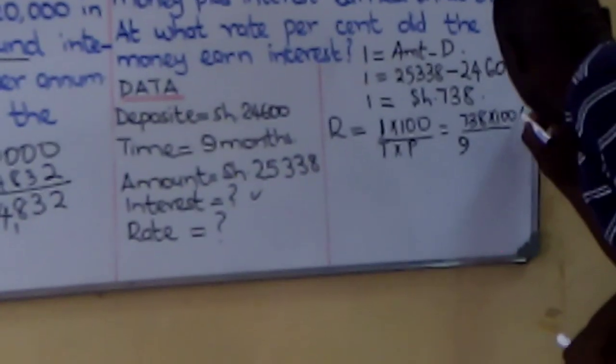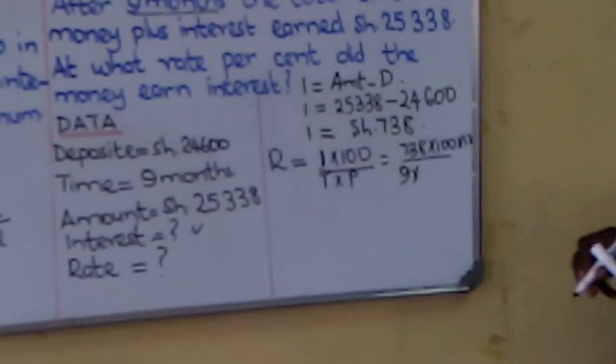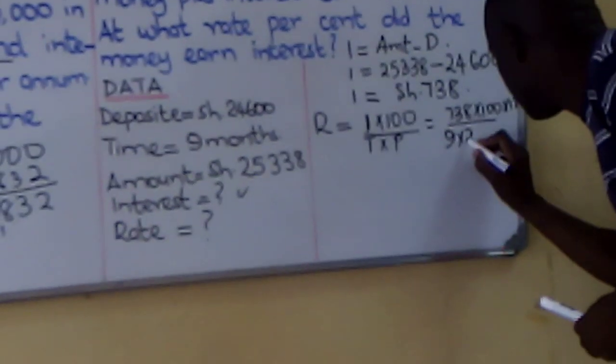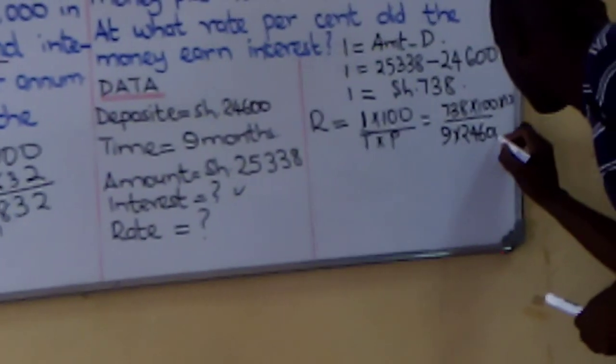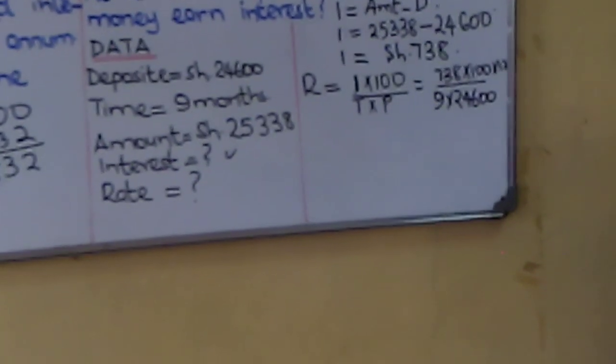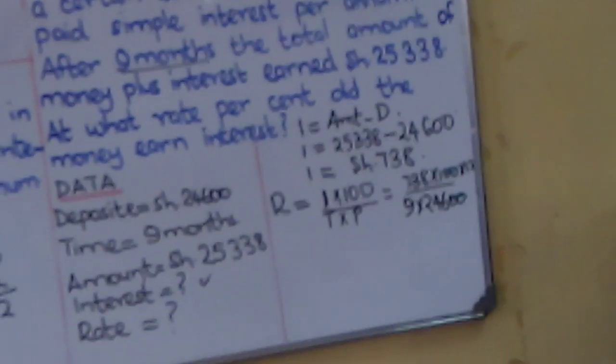So we must multiply up here by 12, then times principal, which is 24,600. Now we are supposed to cancel. Let's cancel the 2 zeros first. Get rid of the 2 zeros.